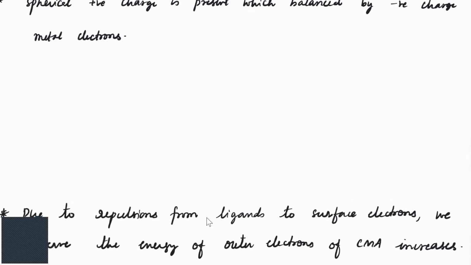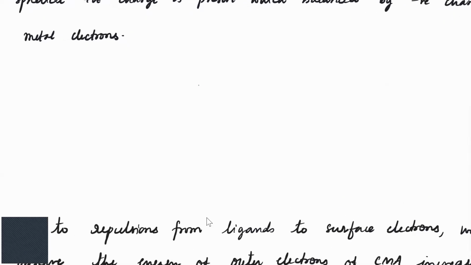For example, if you have a nucleus here with positive charge, this charge spreads a field around it spherically, and this spherical charge is balanced by the electrons present in the outer or inner shells, which carry the negative charge. That's how the metal is balanced here.